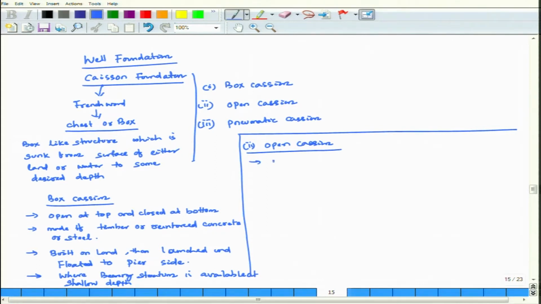It's a box of timber, metal and reinforced concrete, and it is open at both the top and bottom.